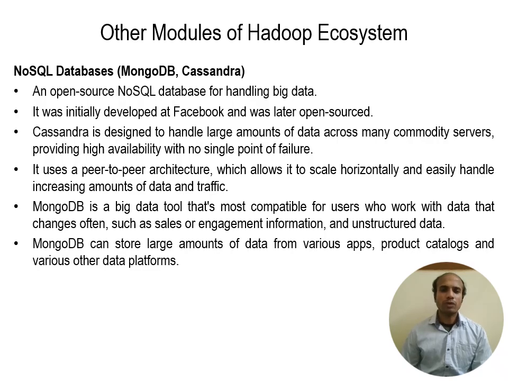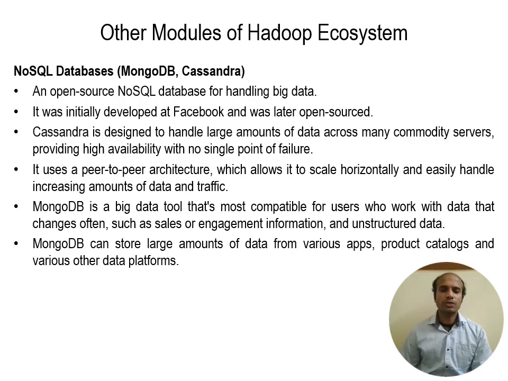So to analyze the website clickstream logs to find the most popular pages: starting with ingestion through Flume, storage with the Hadoop Distributed File System, processing with Spark, analysis being done with Hive or Impala, and orchestration is done through Oozie. So these are the other modules of the Hadoop ecosystem.